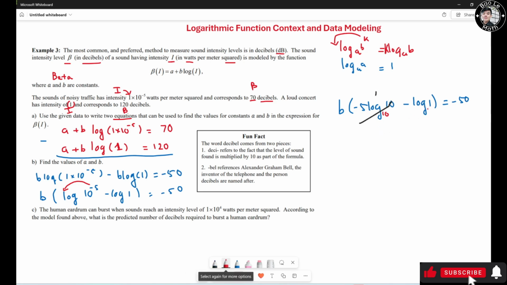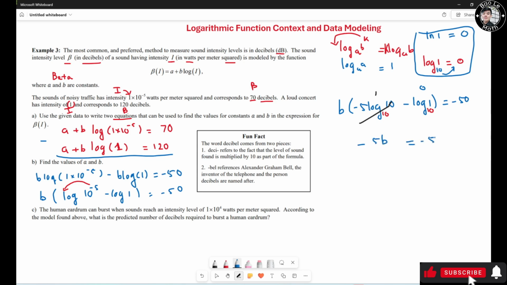Now, log 1 has the base 10 right here, and we know that log 1 equals 0, because 10 to the power of 0 equals 1. Keep in mind, natural log of 1 is still 0, right? So this guy equals 0, so I'm going to end up with negative 5b equals negative 50.